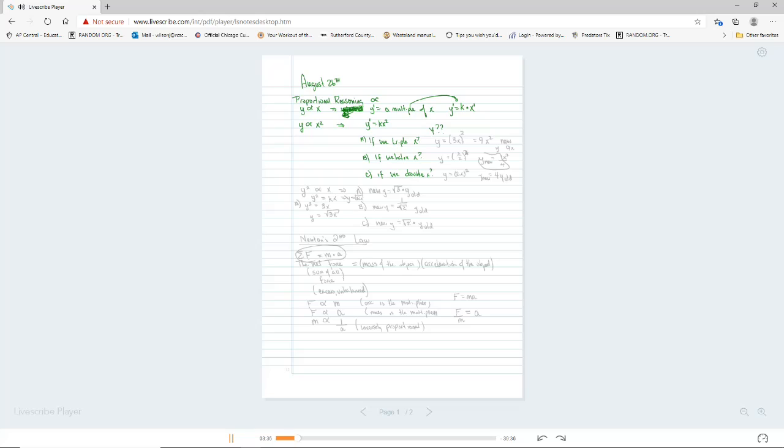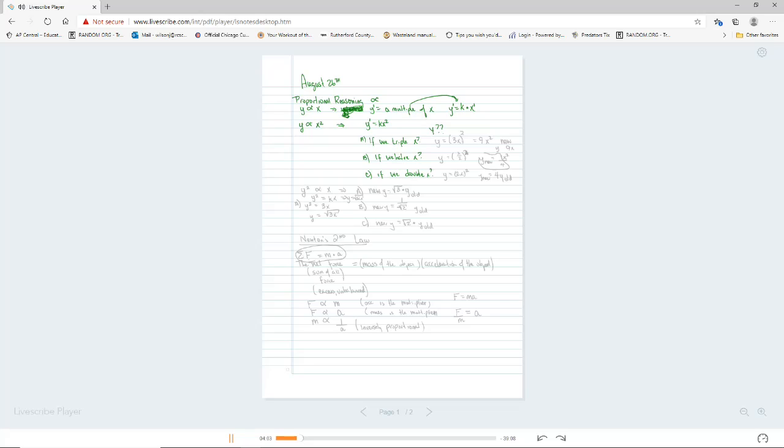Any brave soul out there want to take a shot at what happens if we triple x in this case? What happens to the y value? The first one. We triple x. Is y tripled as well? Y stays the same because the exponent is 1, so 3 times 1 is still 1.